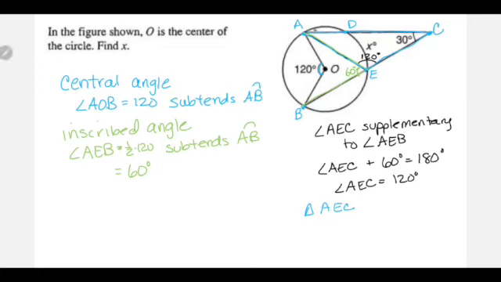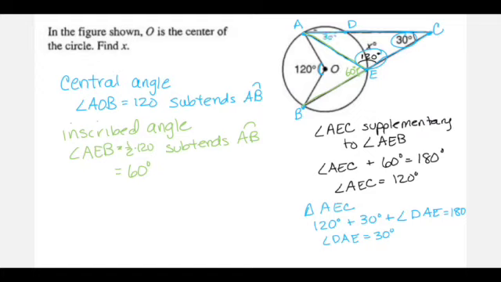So we're going to know that in that triangle, 120 degrees, that's this one, plus 30 degrees, this one, plus our missing angle DAE, or we could even call it CAE, as point D is on the same line segment CA, that those are going to sum to be 180. When we calculate that, we're going to get that this angle DAE is equal to 30 degrees, and that's because 120 plus 30 is 150, and you'll need 30 more to get to the 180. So I'm going to go ahead and label that 30 degrees.